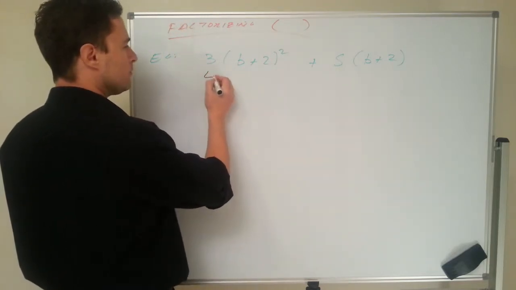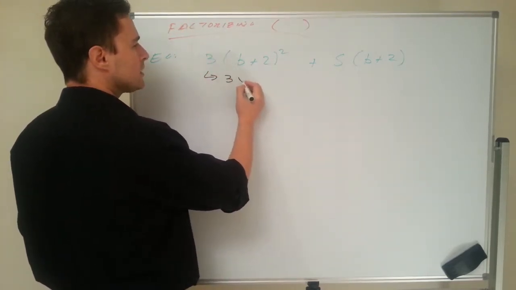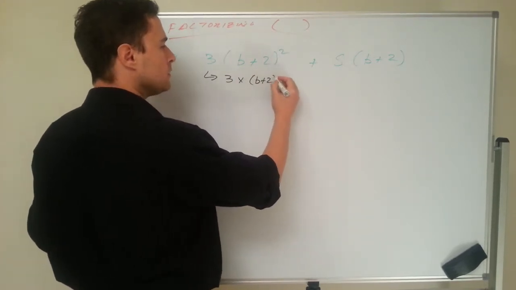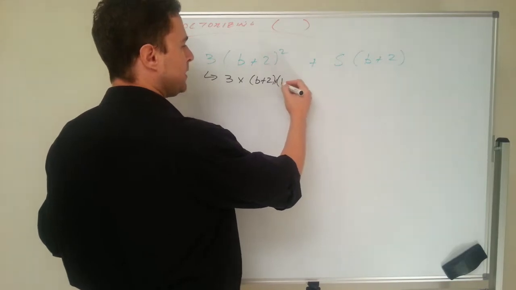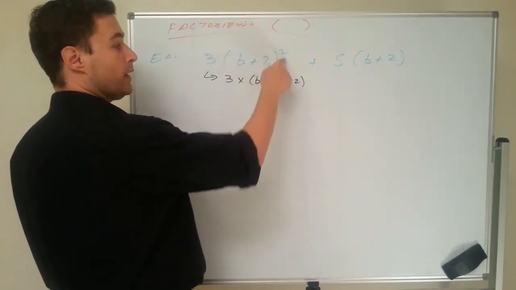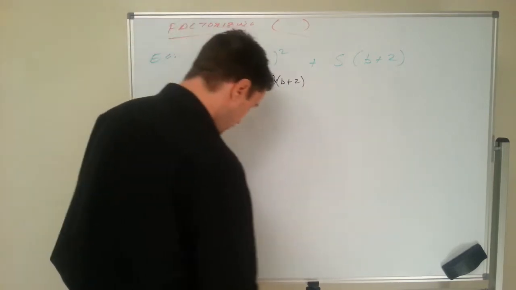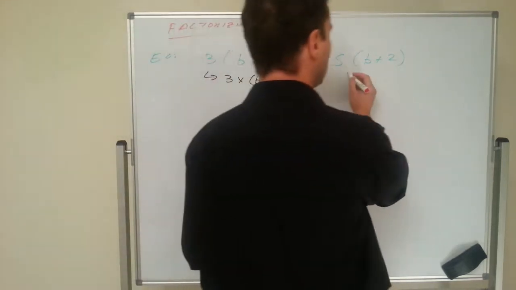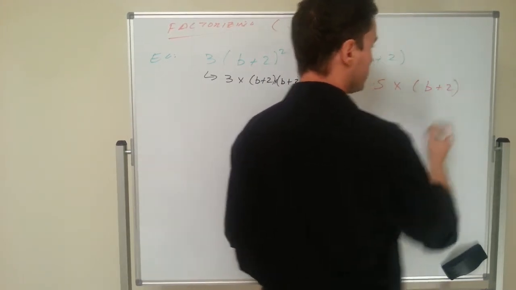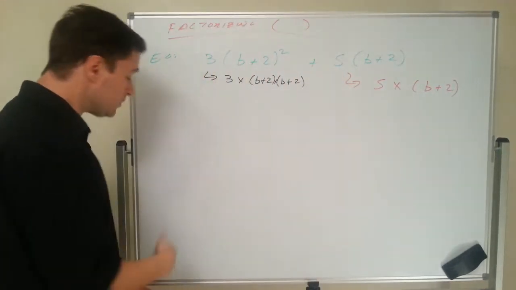I've got 3 times 2 of these brackets, b plus 2, and times by b plus 2. There's 2 of them, right? The brackets squared, 1, 2. So that's the first one. And the next one I've got here is I've just got 5 times one of the brackets, b plus 2. You're with me? Okay, super.